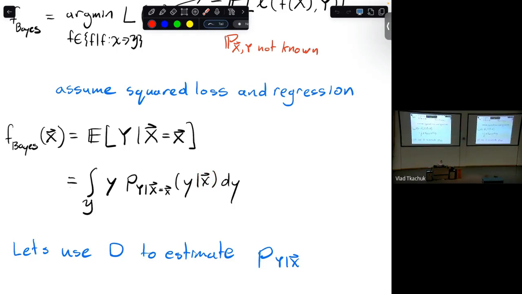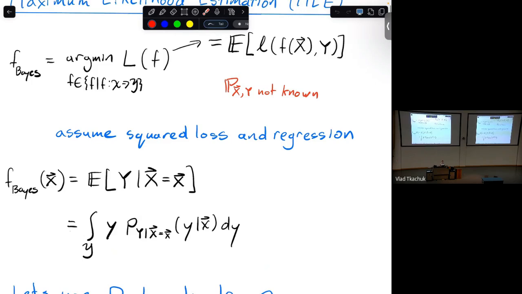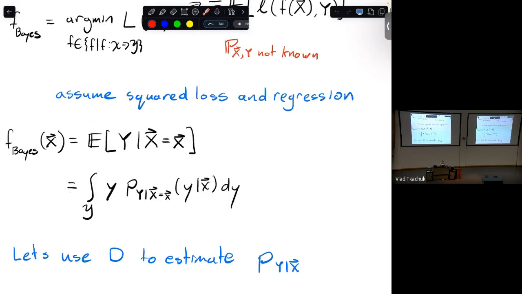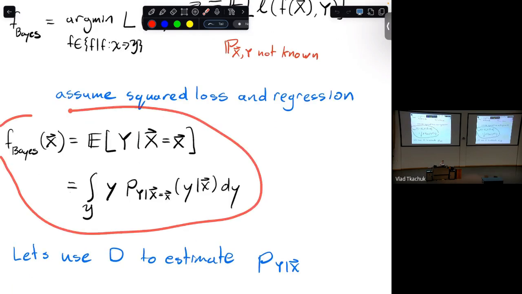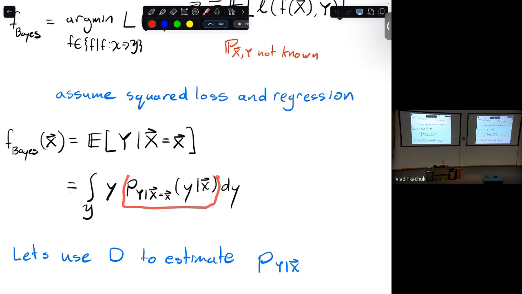And one alternative to doing this whole machine learning thing, instead of minimizing this objective by estimating this quantity directly, is that you can find out what f base is, which we have done, and just calculate the integral explicitly by plugging in an estimate of this density.